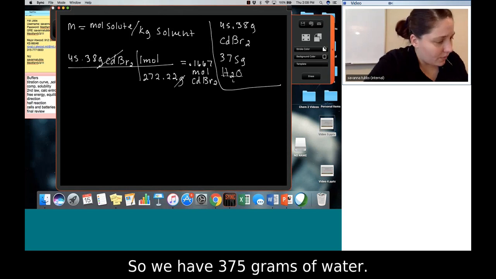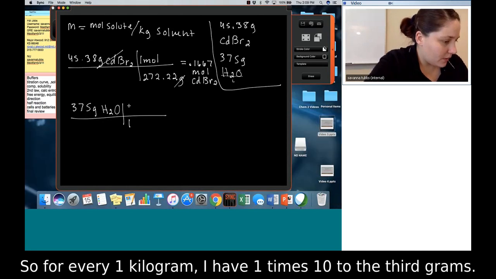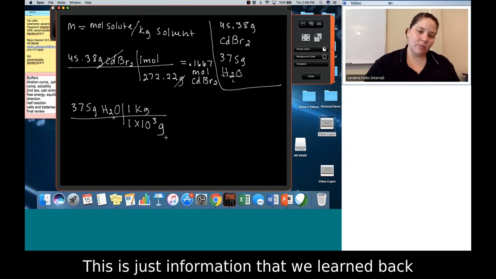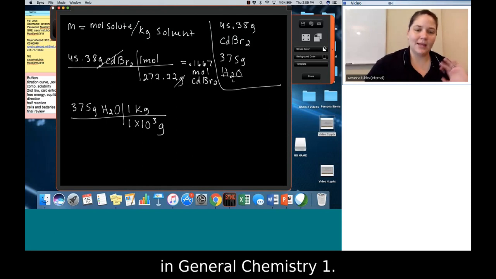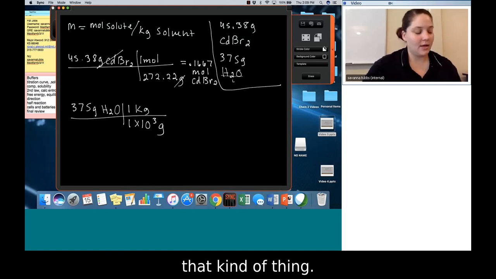So we have 375 grams of water. Grams are on top, so they have to be on bottom. So for every 1 kilogram, I have 1 times 10 to the third grams. This is just information that we learned back in General Chemistry 1, so converting from like kilo, micro, milli, that kind of thing.